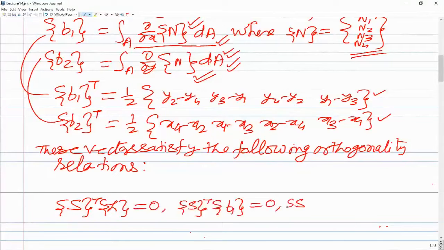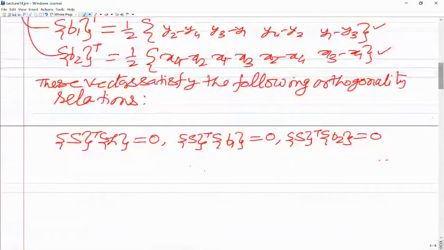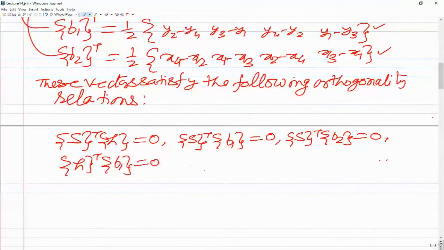If you take S transpose with B2, that will be equal to 0. These are straightforward, you can cross check. And similarly, if you look at the H transpose into B1, that would be equal to 0, and H transpose into B2 will be equal to 0.